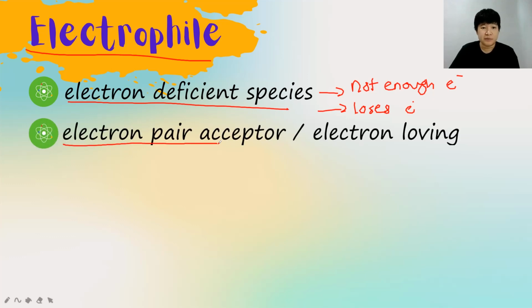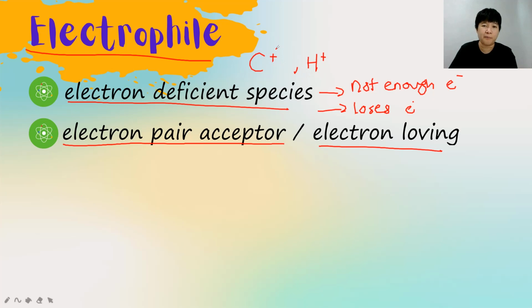Therefore, it will be an electron pair acceptor, or electron loving. What is meant by that? When you do not have enough electron, like C+, like H+, very simple electrophiles, you are always willing to accept more electron. When you do not have enough money, you are always willing to accept more money.